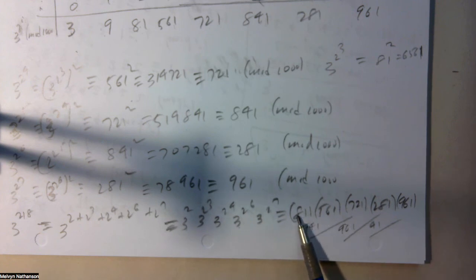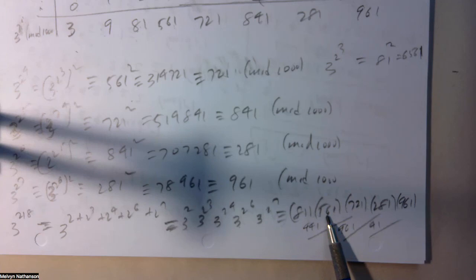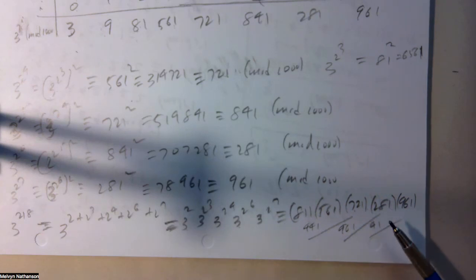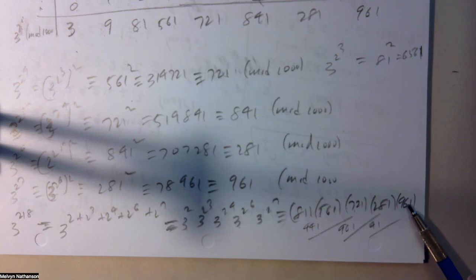So 3 squared is 81. 3 to the 2 cubed is 561. 3 to the 2 to the 4th is 721. Oh, it's 3 to the 2 to the 6th. Yeah, that's right. 3 to the 2 to the 6th is 281. And 3 to the 2 to the 7th is 961.